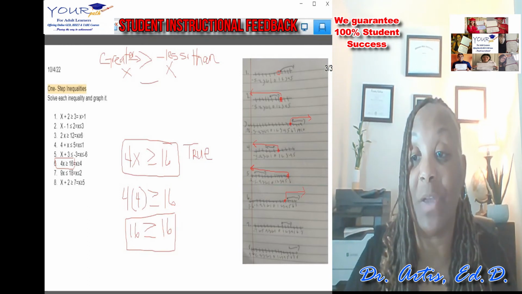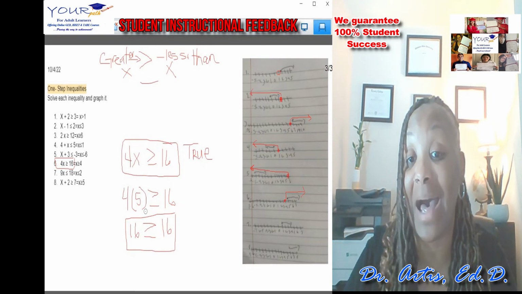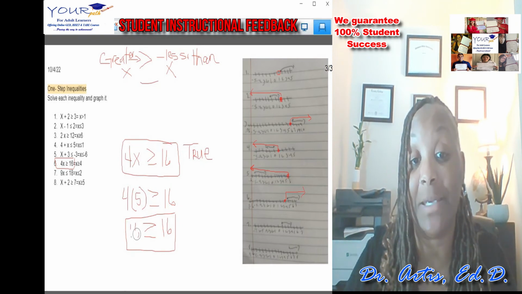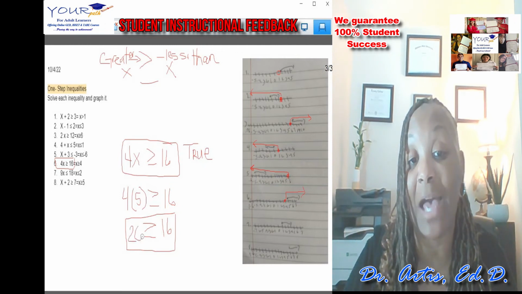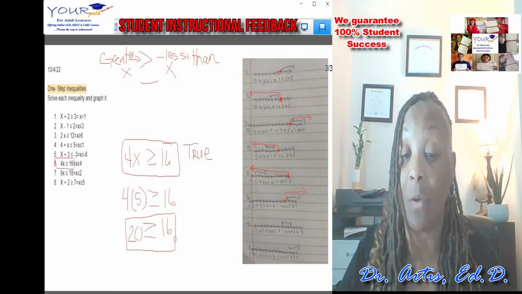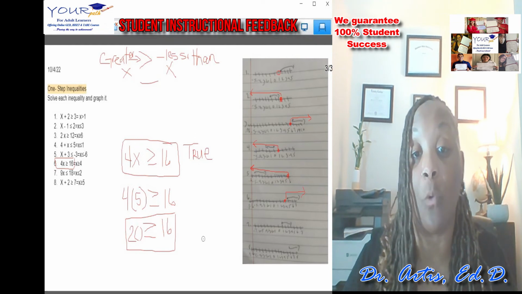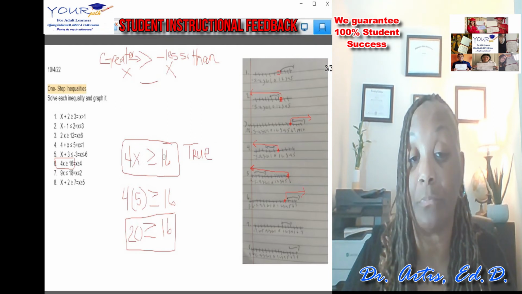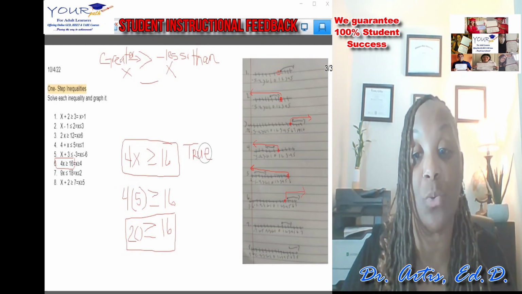The same is true if I took another value that's greater than 4, say for example 5, and I put it here, then we will have 4 times 5 is actually 20. This statement is true as well because 20 is greater than 16. So it's true. Any number that's 4 or greater than 4 will make this expression true. So that's what that means. Let's go back to our graphing.